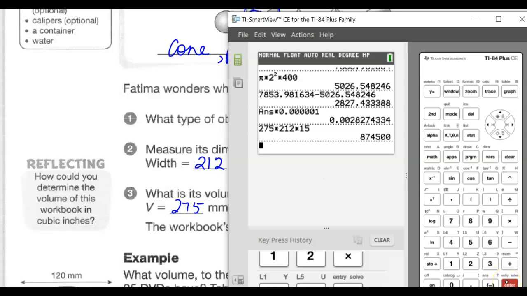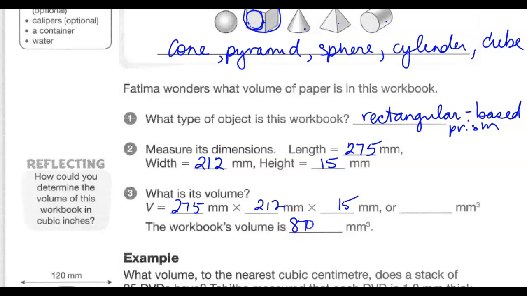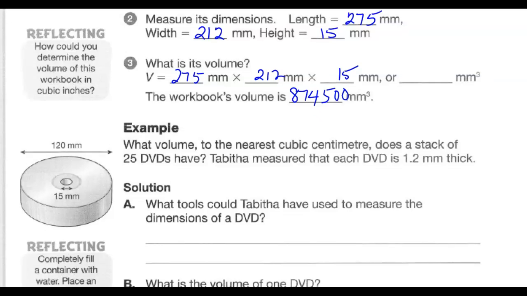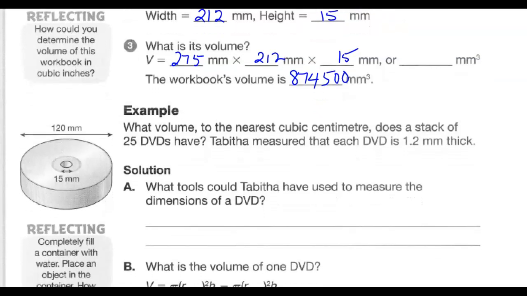So what is that? 874,500. 874,500 millimeters cubed. Okay. That one I probably would do in centimeters cubed, but it's just practicing different units.